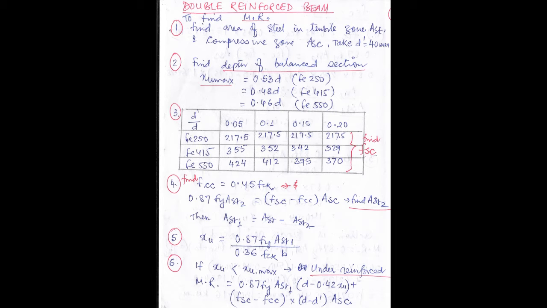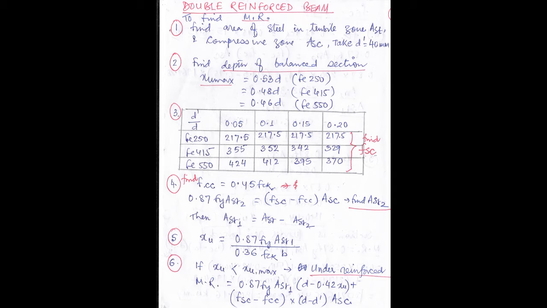That means it is not 0.05 and not 0.1, but somewhere midway. How will we find the value of fsc for Fe 415? In that case, you have to use interpolation, and by the interpolation method you can find the value. Similarly for Fe 550. So this table you have to memorize for the exam.